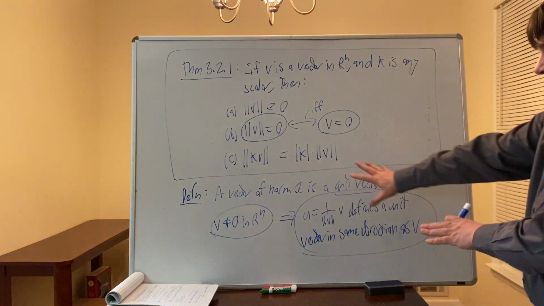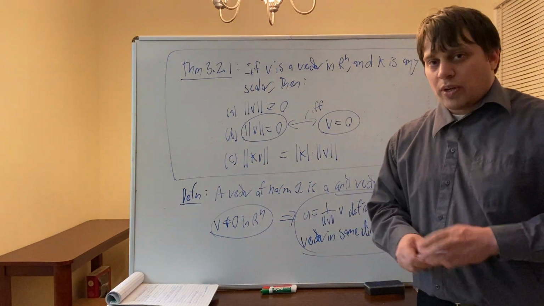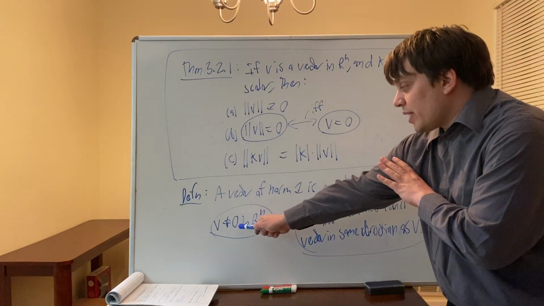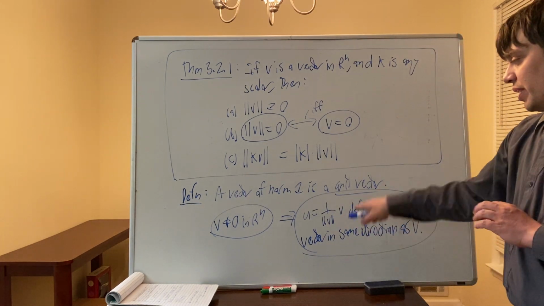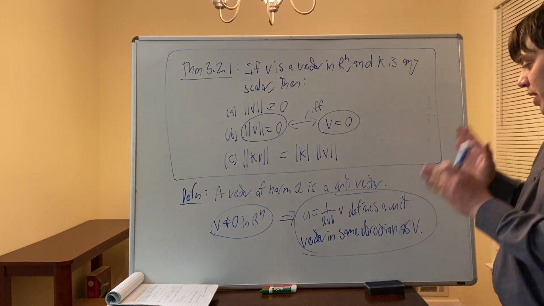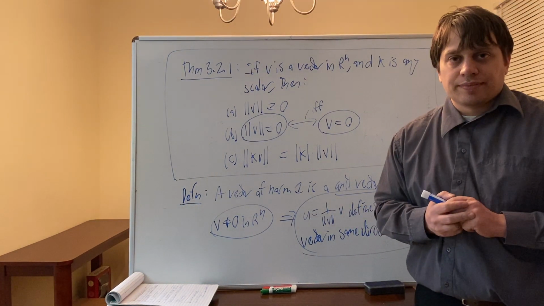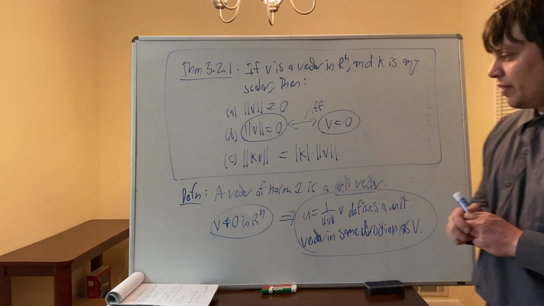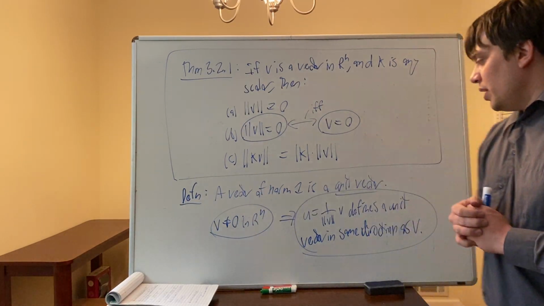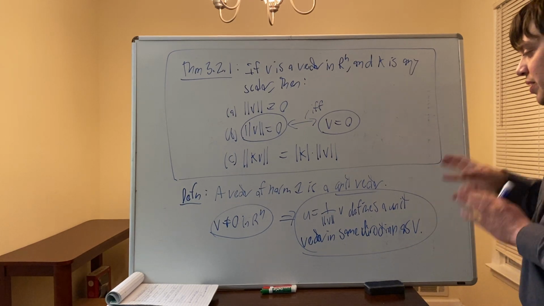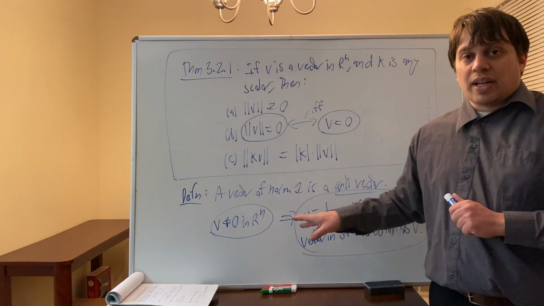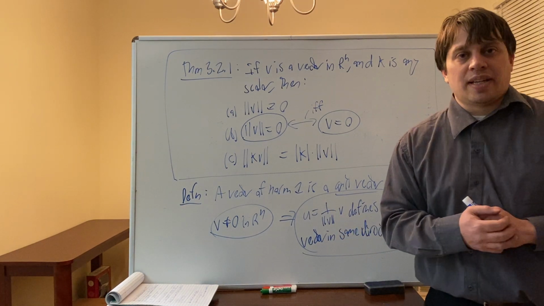So we have the definition of a unit vector: it's a vector of norm 1. Now, if we have a non-zero vector v in n space, then the vector u, which is 1 over the norm of v times v, defines a unit vector in the same direction as v. So given any non-zero vector in n space, we can talk about a unit vector in the same direction by dividing that vector by its norm, its length.